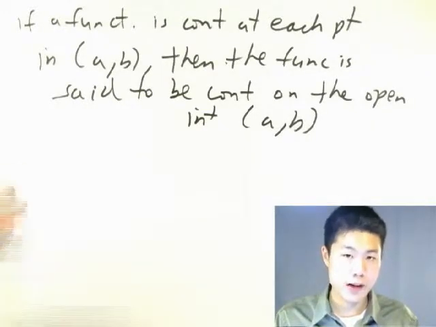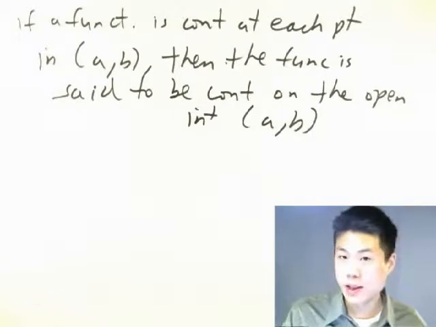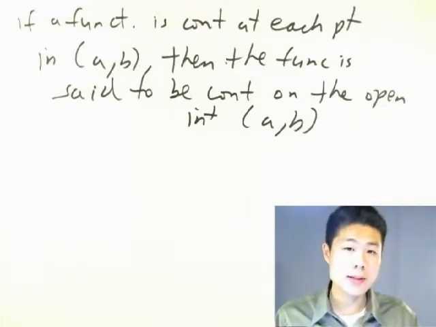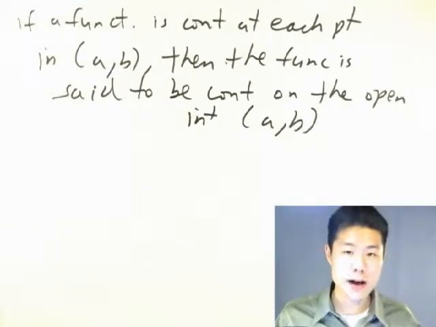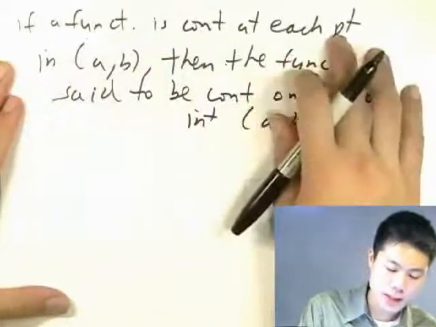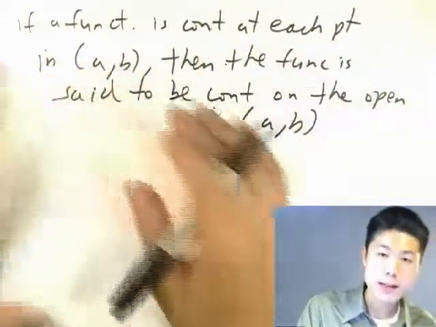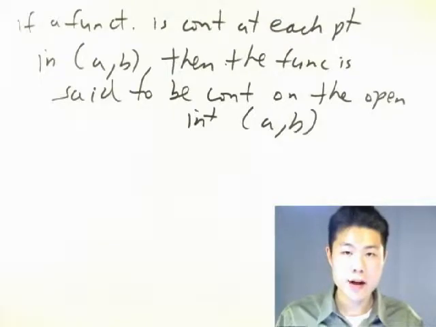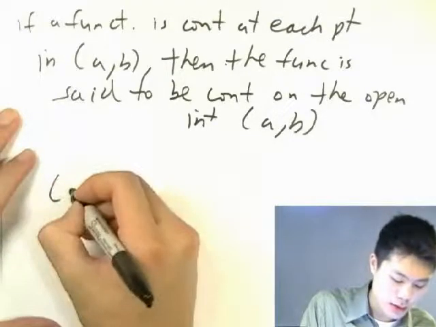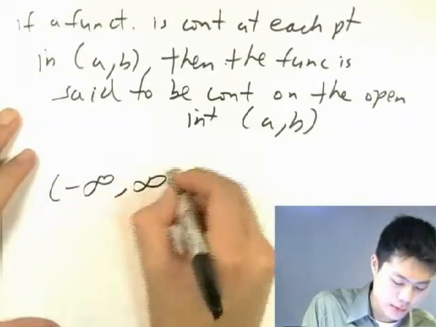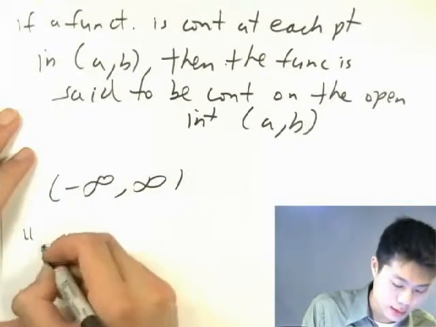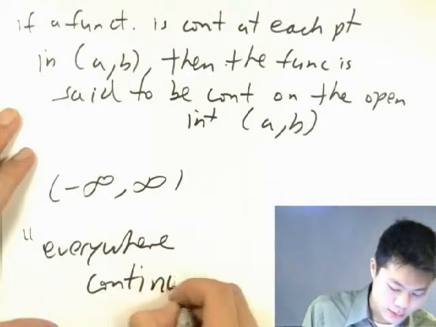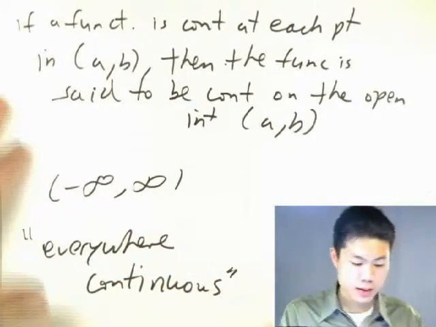We can say a function is continuous from -1 to 3. That means that there's no breaks in it. And what happens if the function is continuous on an entire graph? If the function is continuous at each point in -infinity to infinity, then the function is said to be everywhere continuous. Okay, so that's that.